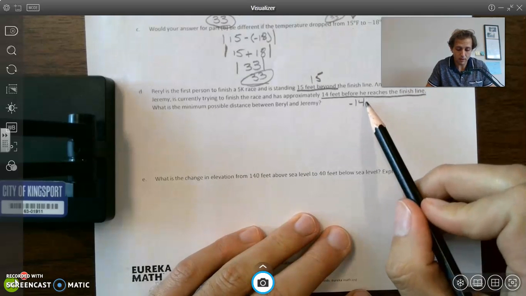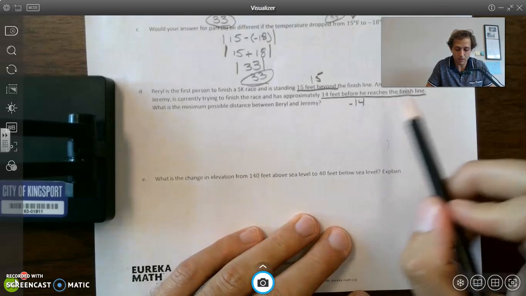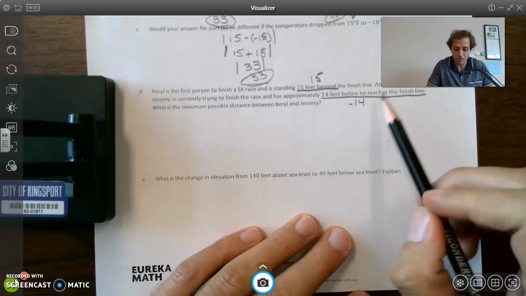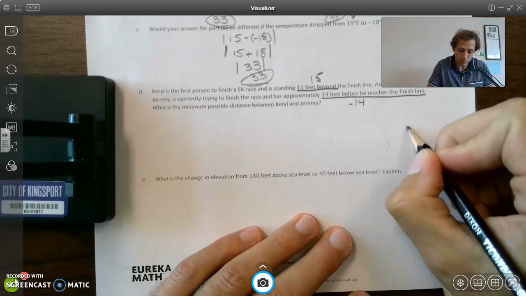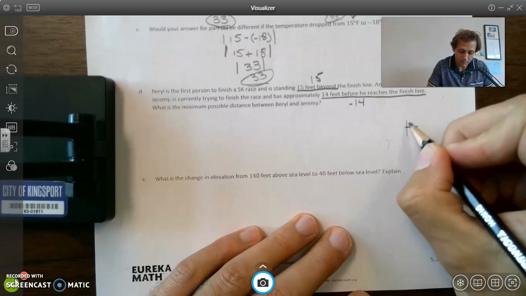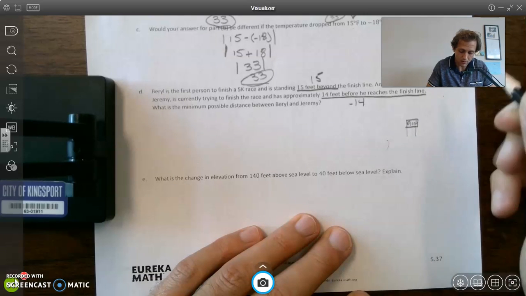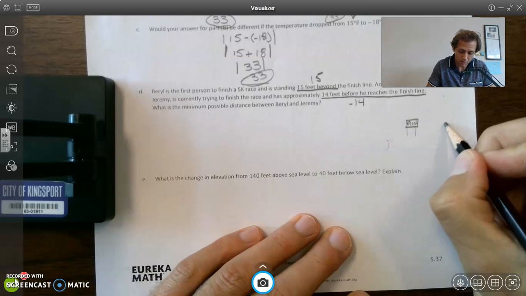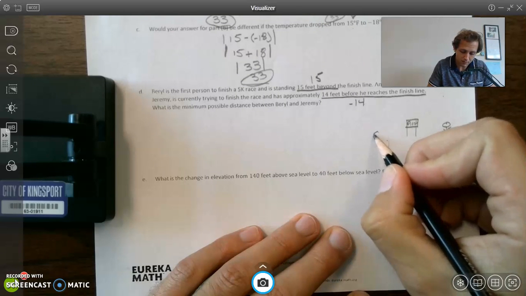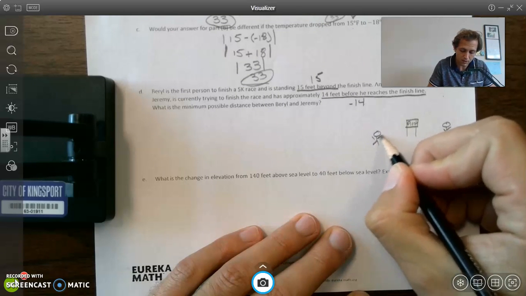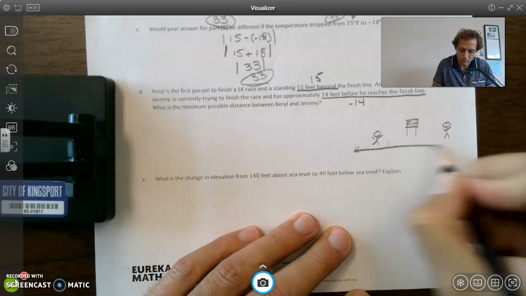Well, I know that he needs 14 spaces to the finish line, and he's 15 spaces past the finish line. So what I might actually do is just draw a little picture, sometimes it's fun. Finish line. Okay, and I know that I have somebody that is 15 feet past it, and somebody that is 14 feet before it, and I could draw a number line.